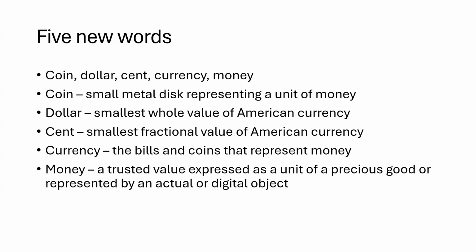So a cent represents one hundredth, and a dollar has 100 cents in it. So we have a decimal currency, as many countries do, where there are 100 units of the smallest value represented by the whole value. Other cultures have used different systems.